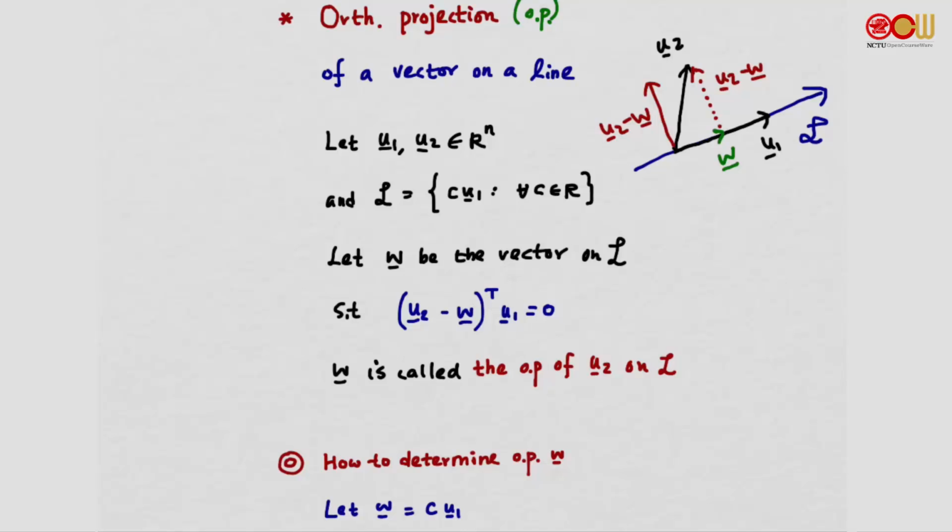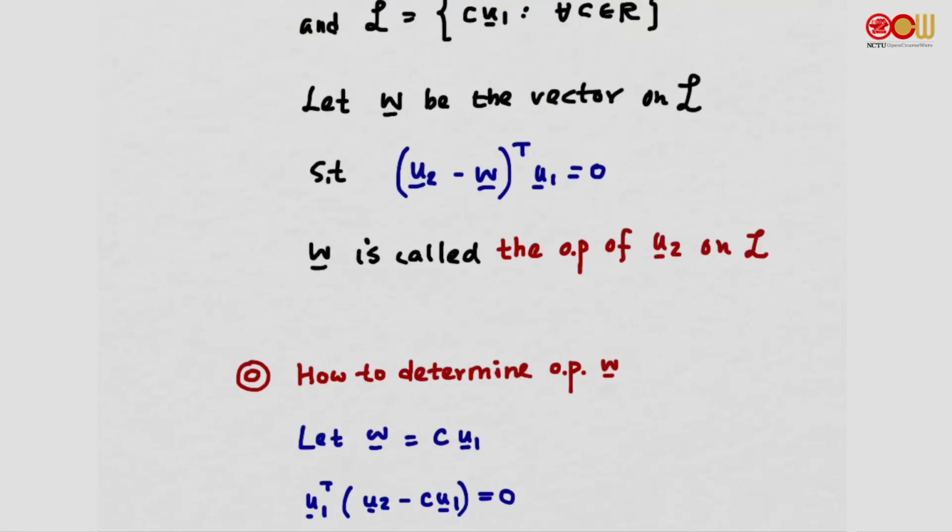So let's see how we can determine the orthogonal projection W. Suppose W is equal to CU1, because it's a vector on L, so it can be expressed as CU1. C is the scalar that we want to find. If we can find C, then we can determine the orthogonal projection vector W exactly.